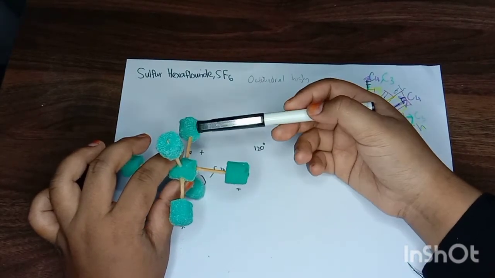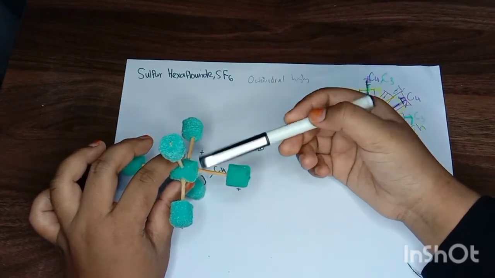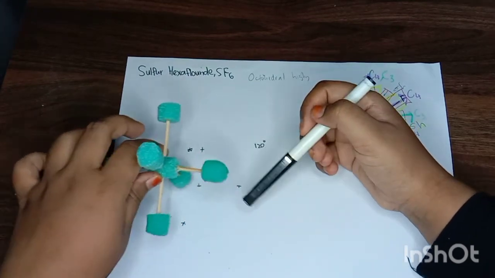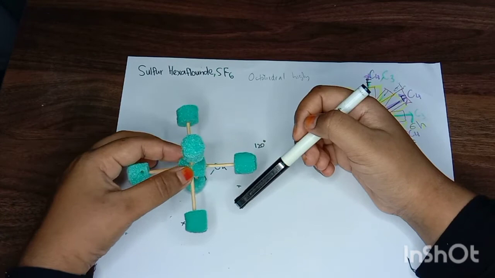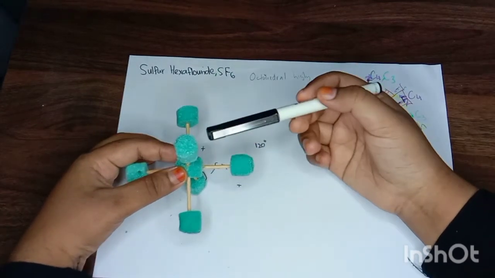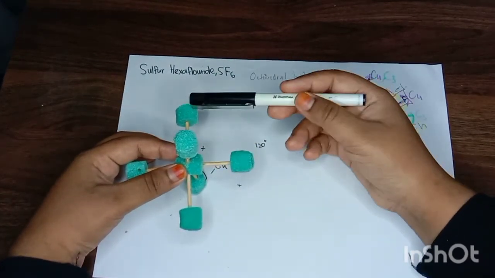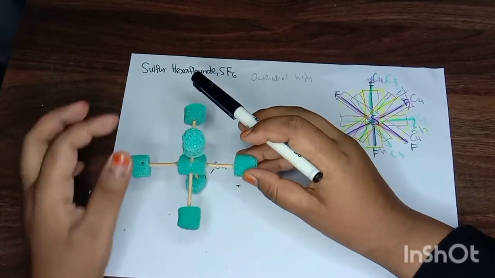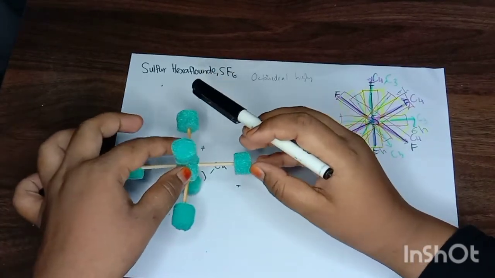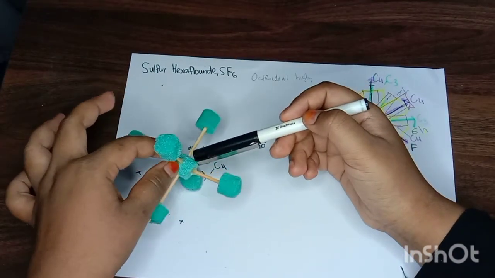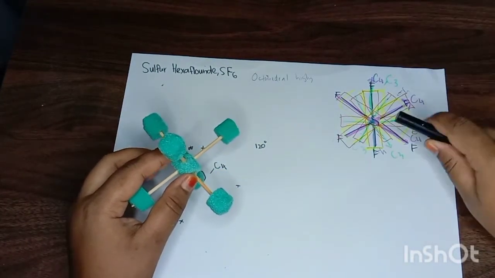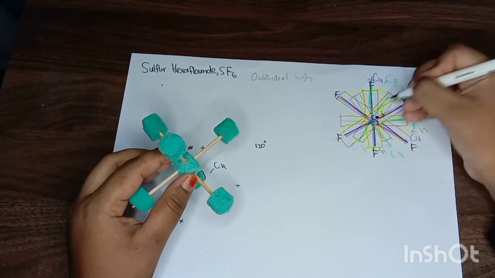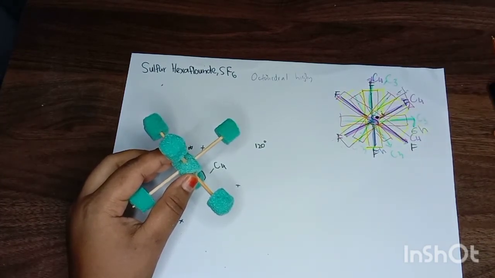If we invert here, we also get the same fluorine. Also at the bottom, if we invert it to the above, we get the same configuration, which means they are identical to each other. So the point of symmetry is at the sulfur.